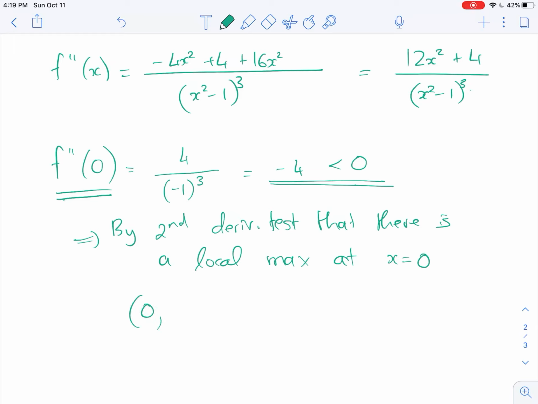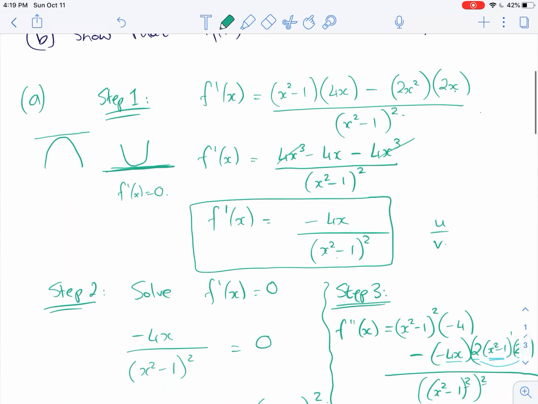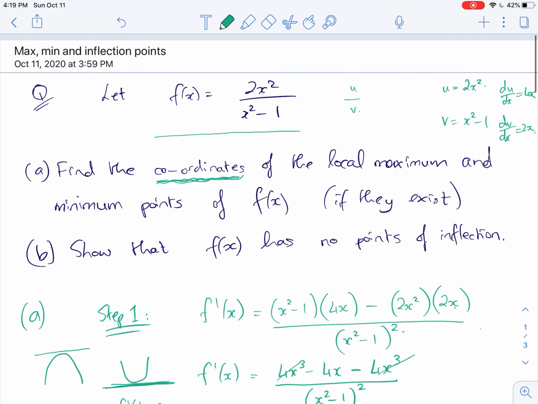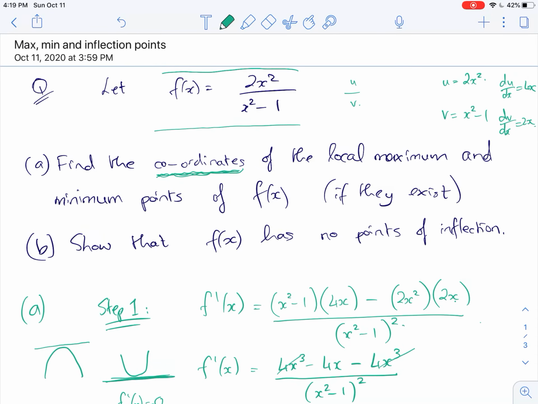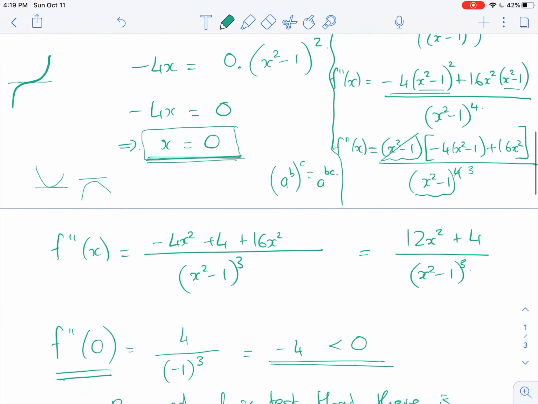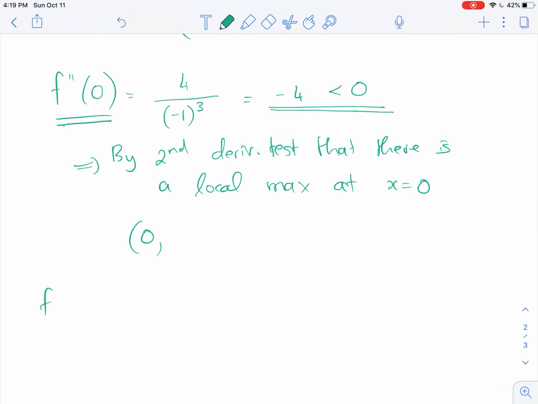Now when x is 0, we need to determine the y value. The y value when x is 0 is given by subbing back into the original function. Bear in mind, now we're looking for a point along the curve. And don't forget, for the y coordinate of a point on the curve, we sub back into the original function 2x squared over x squared minus 1.